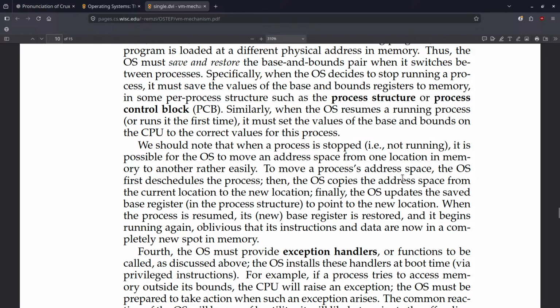To move a process address space, the operating system first deschedules the process, then the OS copies the address space from the current location into the new location. Finally, the OS updates the saved base register, so the process is oblivious that its instructions and data are now in completely new spots in memory.